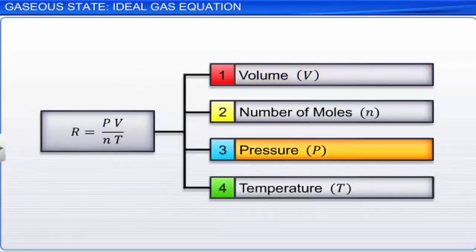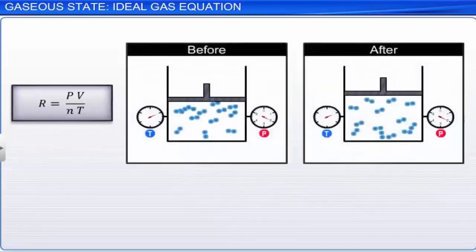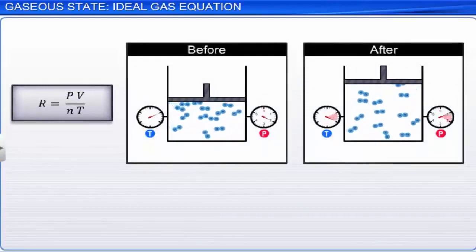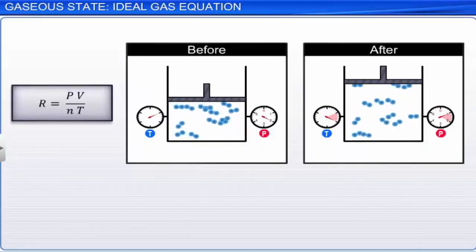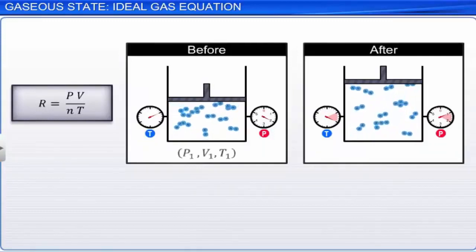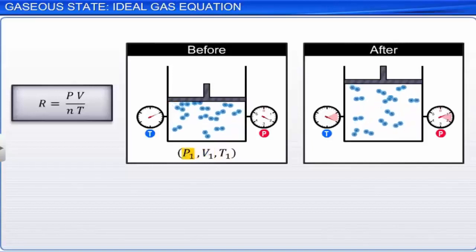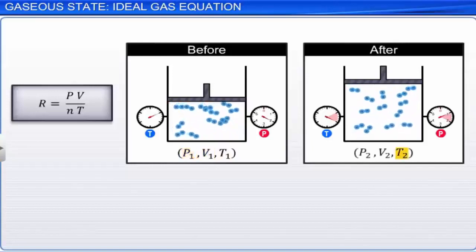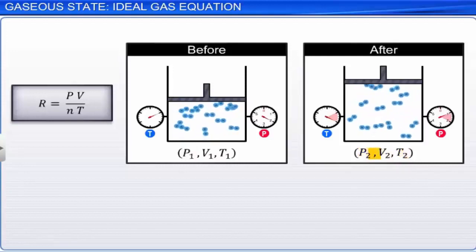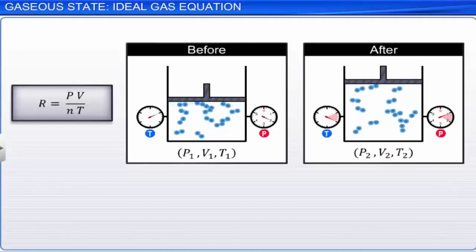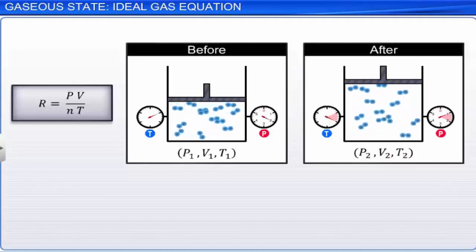If we vary temperature, volume and pressure of a fixed amount of gas, that is, keeping the number of moles N of the gas constant, from T1, V1 and P1 to T2, P2 and V2, then using the ideal gas equation, we can write P1V1 by T1 is equal to NR and P2V2 by T2 is equal to NR.